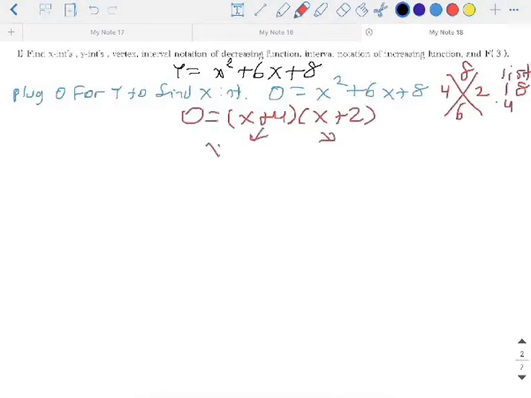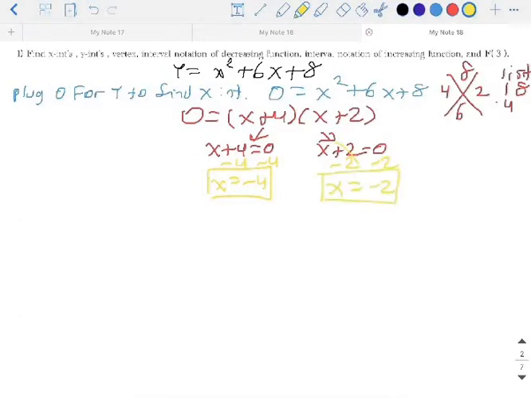Split: x plus 4 is equal to 0, and x plus 2 is equal to 0. And then from here, apply the inverse operation. Subtract 4, and x is equal to negative 4. Subtract 2 from both sides, and x is equal to negative 2. So these are considered the x-intercepts, at x equals negative 4 and x equals negative 2.